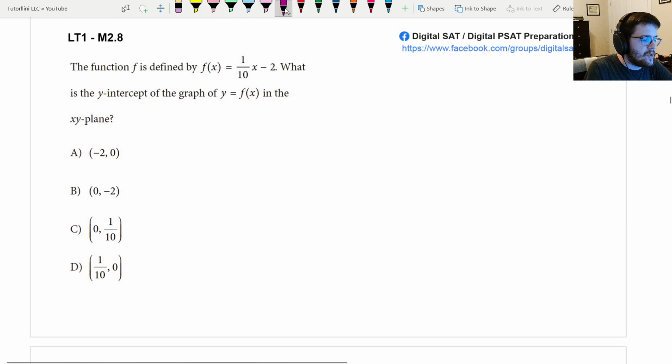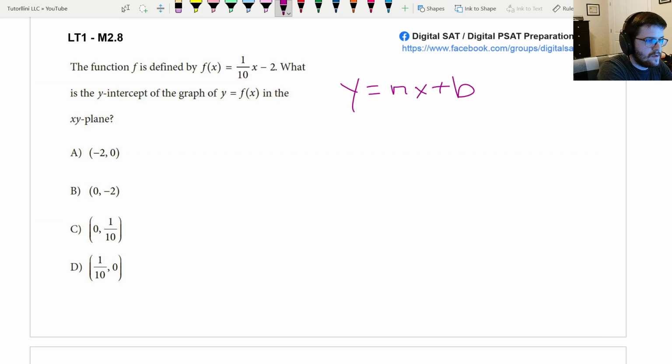What is the y-intercept? Okay, so this is y equals mx plus b. So b is the y-intercept. The x-coordinate of the y-intercept is always 0, so it's 0, -2, which is this one.